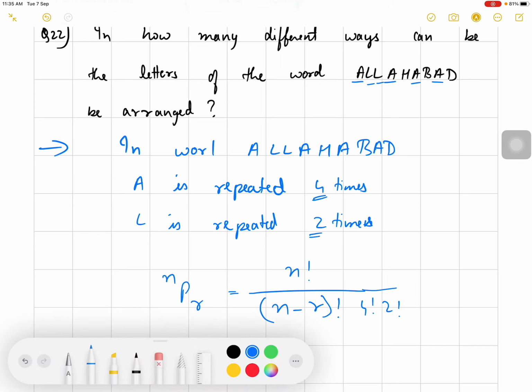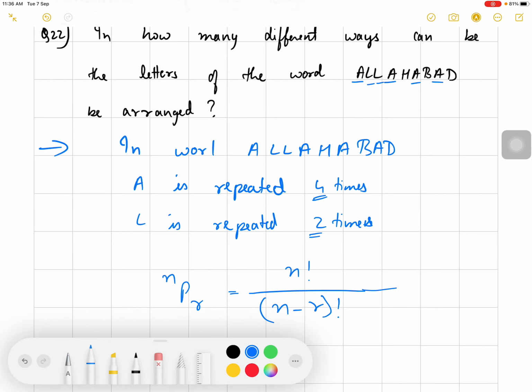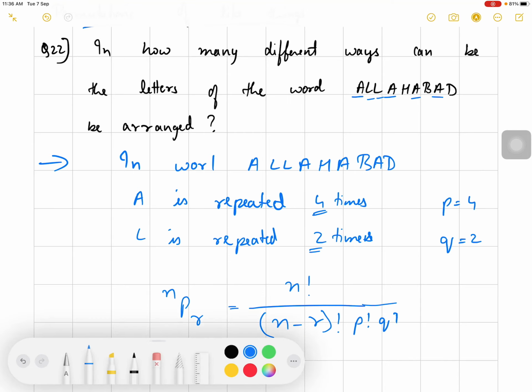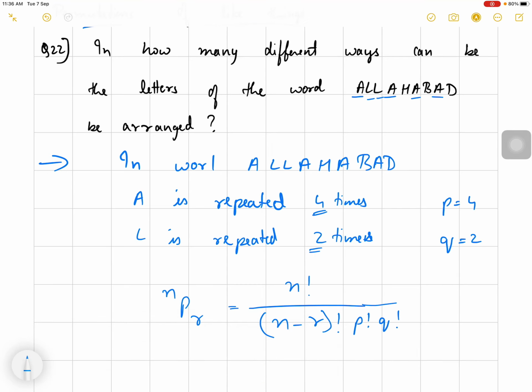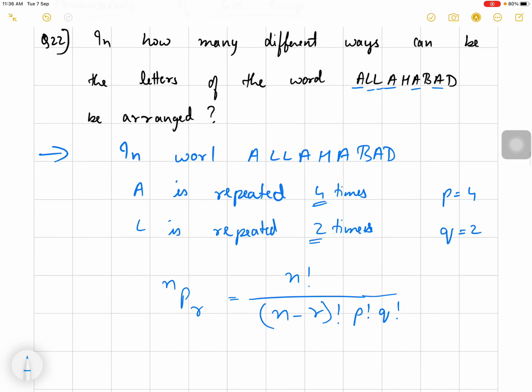Instead of writing 4 factorial and 2 factorial, we can name them P and Q. So here we can name P equal to 4 and Q equal to 2, so P factorial and Q factorial. You can just name it, or you can just write 4 factorial and 2 factorial in that place. Let us see the number of letters: 1, 2, 3, 4, 5, 6, 7, 8, 9.